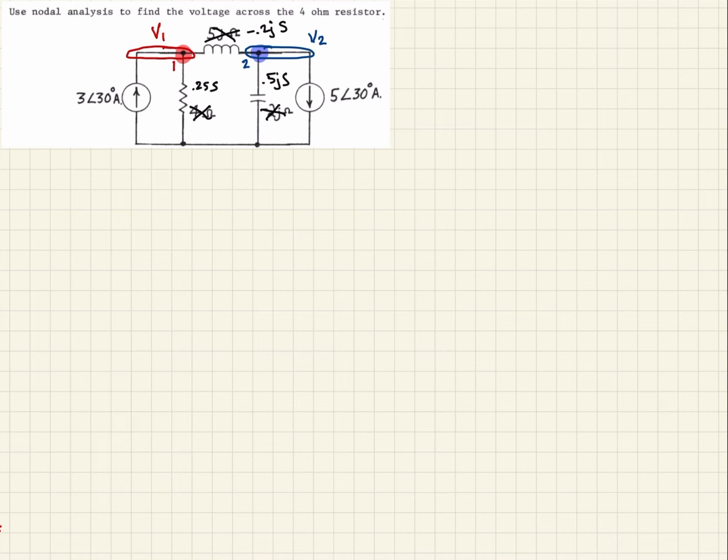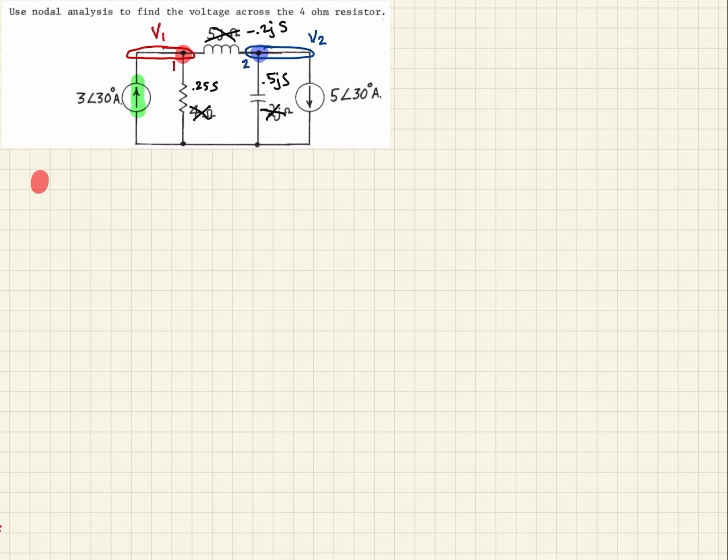So let's start writing some nodal equations. We'll start with node 1, which is the red node. As we go down this path, we see that we have this current source, and we're summing up all the currents going in and out of the node. We want to define leaving the node as positive.